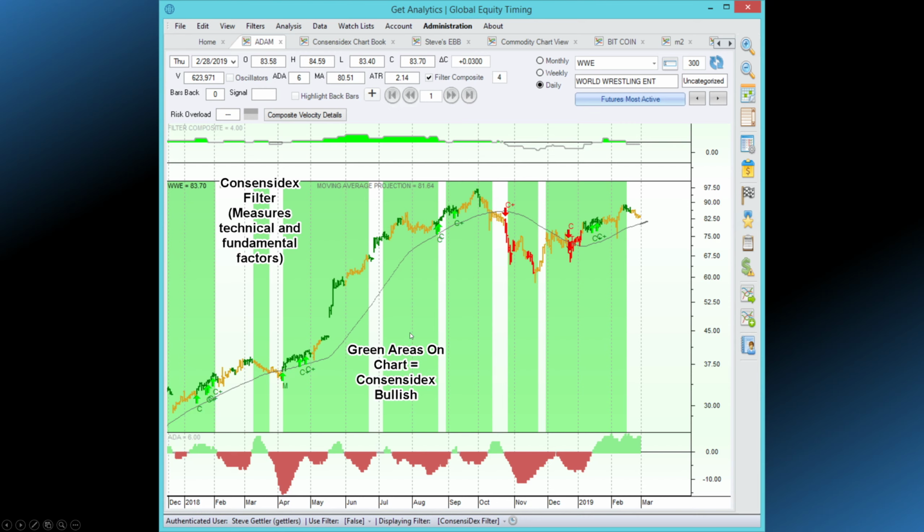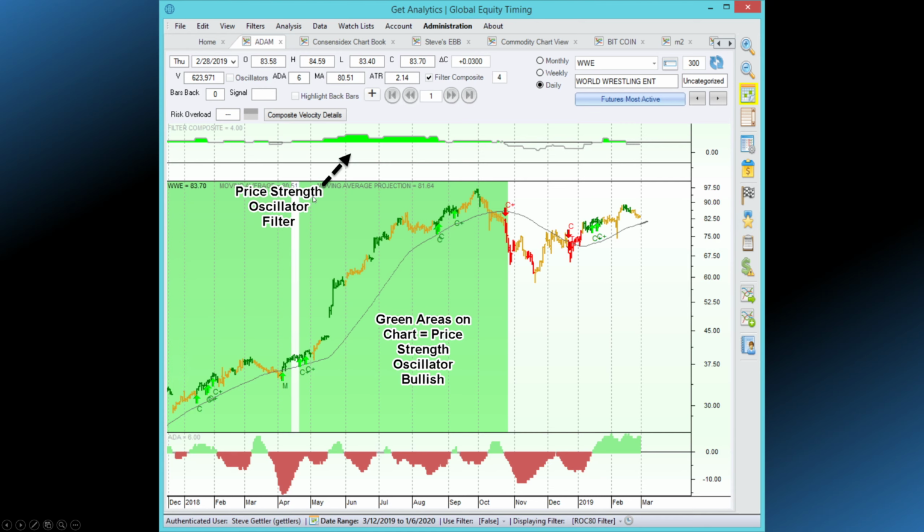Let's take a look at another filter. And here we have what we call a price strength oscillator. It really is a comparative strength oscillator. It compares every stock in our global equity timing universe of stocks to every other stock.